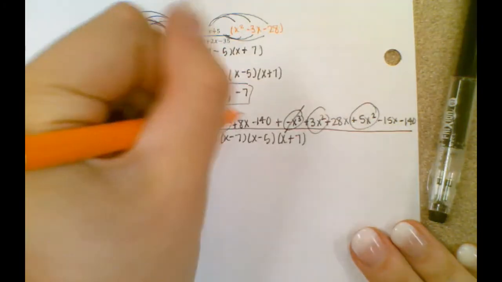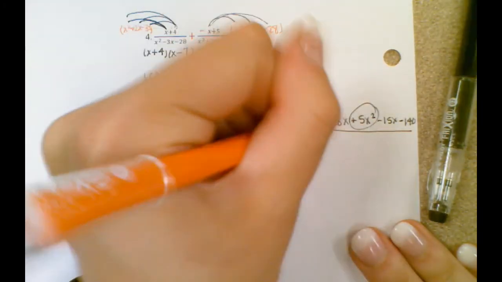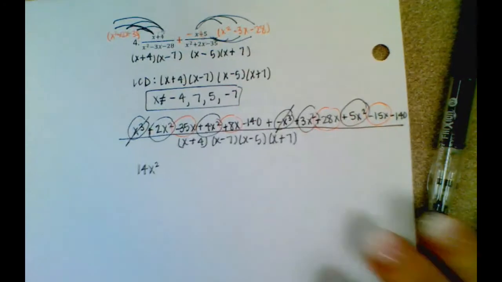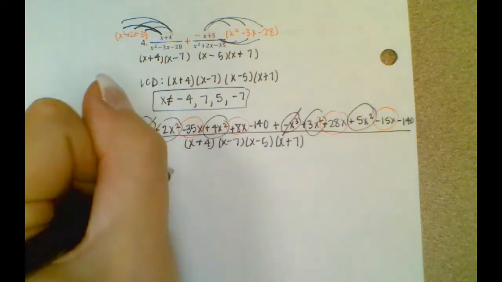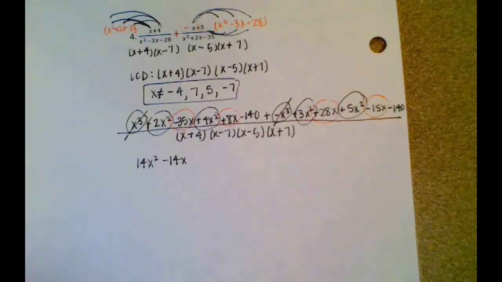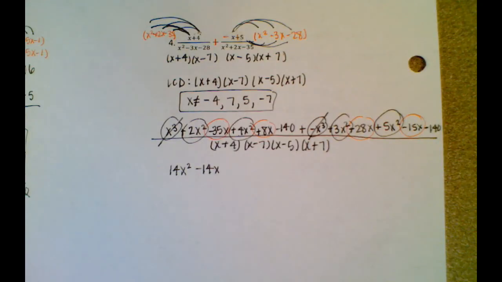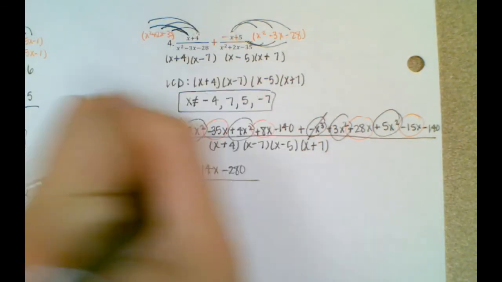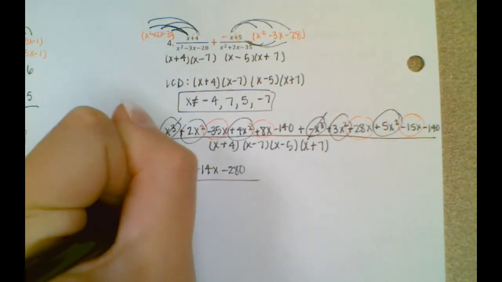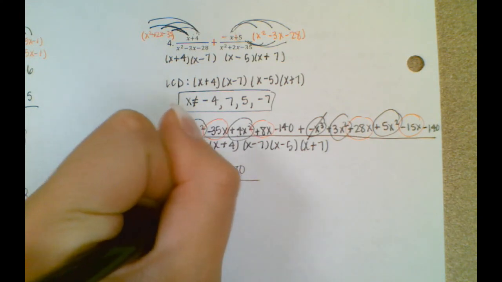All right, I'm going to do a different color. Negative 35x, 8x, 28x, 15x. So negative 35 plus 8 plus 28 minus 15. Negative 14x. And negative 140 minus 140, sorry, is negative 280 all over this.